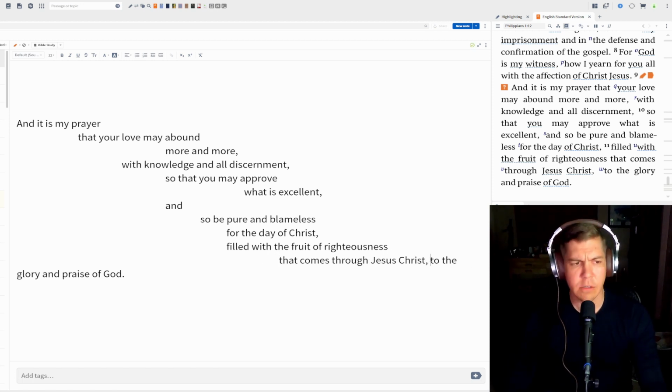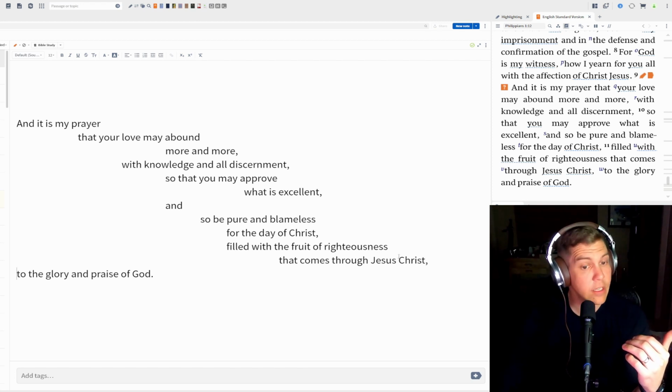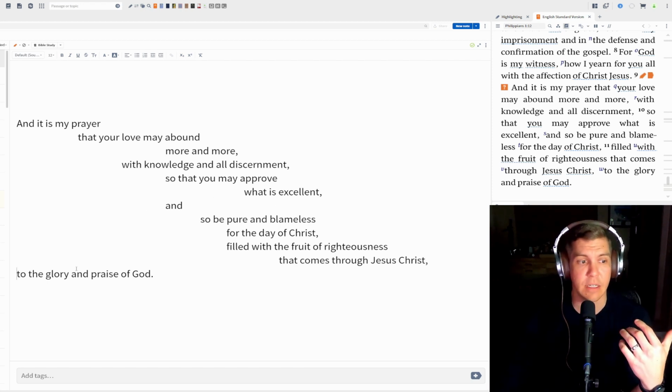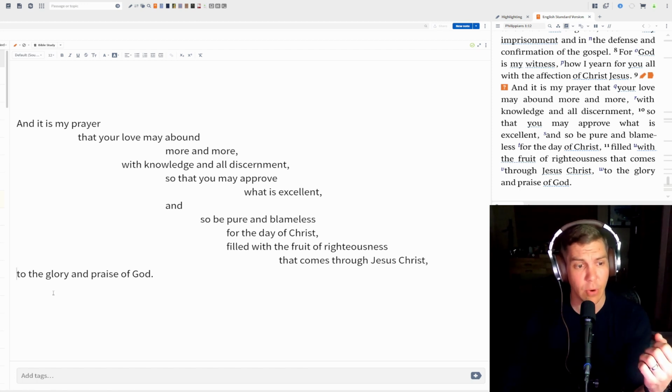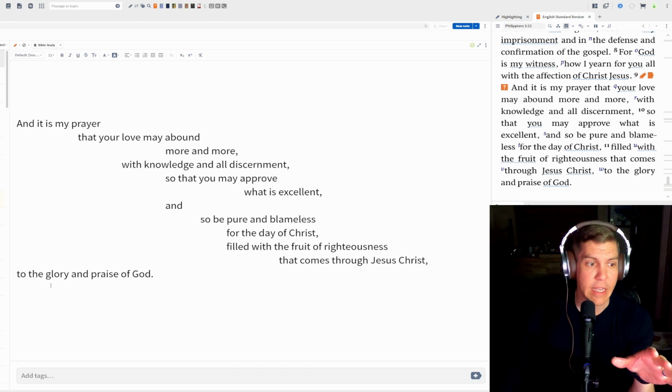And then here's one of the questions we noted in the observation stage. We've got this idea that it's to the praise and glory of God. And the question is whether they are filled with the fruit of righteousness to the glory and praise of God, or if everything in the passage is ultimately to the praise and glory of God. And so there's a couple ways I can go with this.